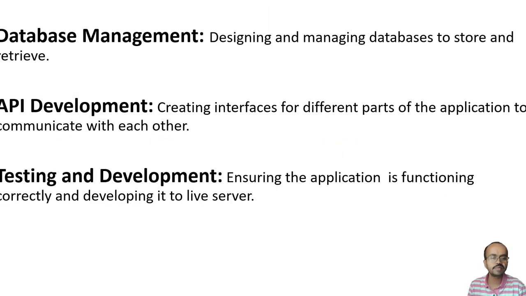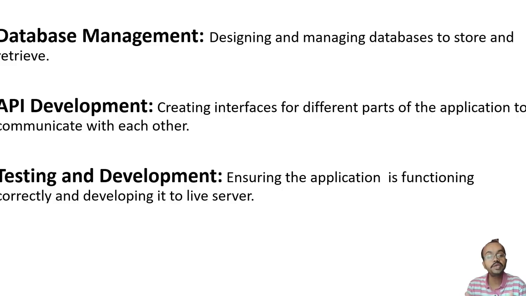Next is database management. What is there in database management? Designing and managing databases to store and retrieve. For example, if you want to design a particular database, we need a schema, the structure of the database, how your database should look. Next is API development. What is API?